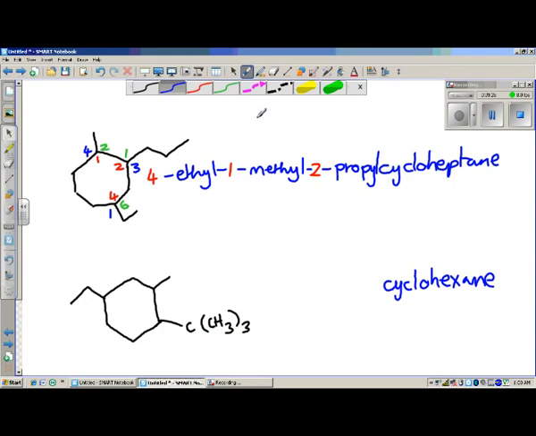Now what that means is, if this is our ring, we have a carbon, and then coming off that carbon there are 3 more CH3s. So our substituent is this right here. It looks kind of like a crow's foot.